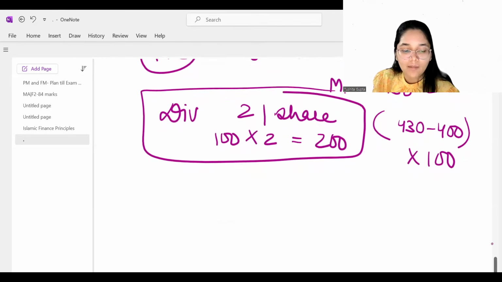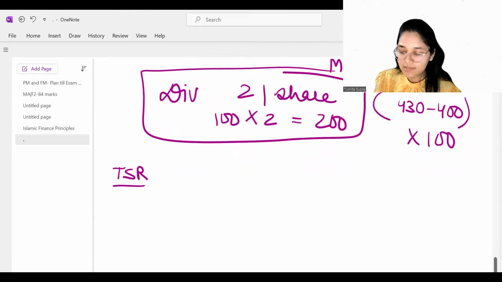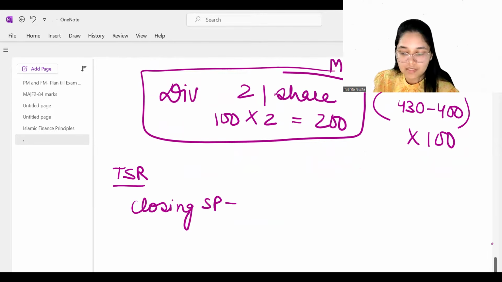So let us now come to the formula. If I want to find out the total shareholder return, or TSR, my formula is going to be, first of all, let's take into account the capital appreciation. So it's going to be the closing share price, subtracted by the share price at the beginning, the initial one, which over here was 400.